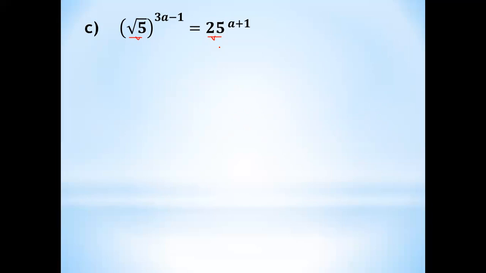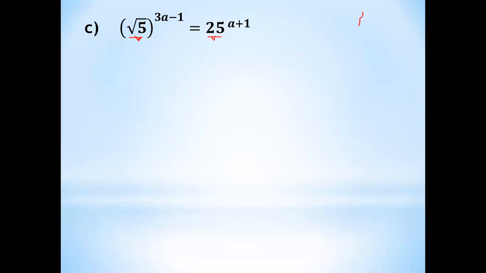25 can be easily written as 5 square. Good. Whereas root over 5 also can be easily written in terms of base 5. As we are talking about exponential equations and before that laws of indices, can we express this root over 5 in terms of base 5? Yes.